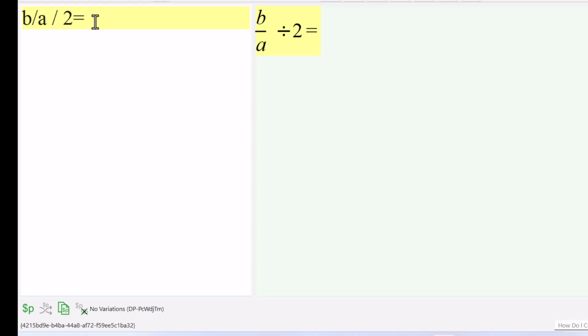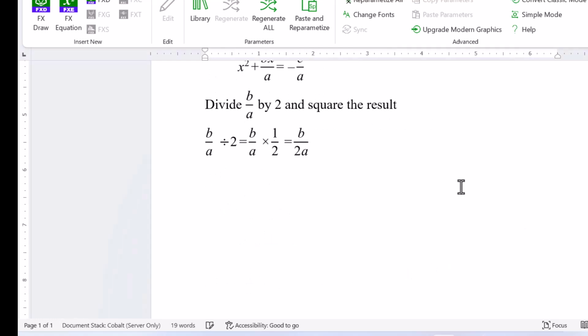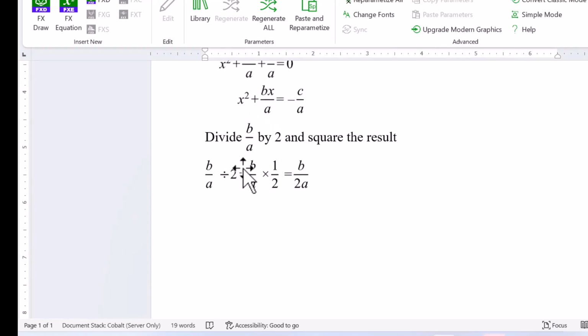If I simplify this, I will have b over a, then it becomes times 1 over 2, which finally ends up as b over 2a. So this is what I have. So this is the b over a, I've divided it by 2. b over a divided by 2, and I have b over 2a.